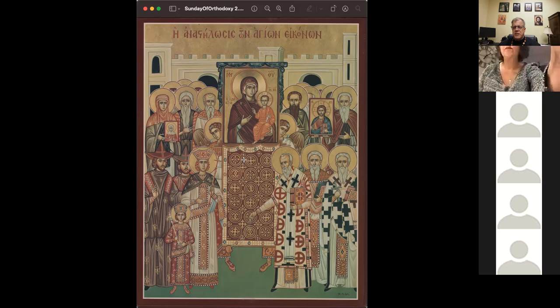Because in a lot of churches, even today, they don't use icons, and some expressions, if you will, of Christianity question the use of icons because of their understanding of the Old Testament prohibition against graven images. Okay, so we'll talk about that too. All right, but largely, this is a result of the 7th Ecumenical Council.